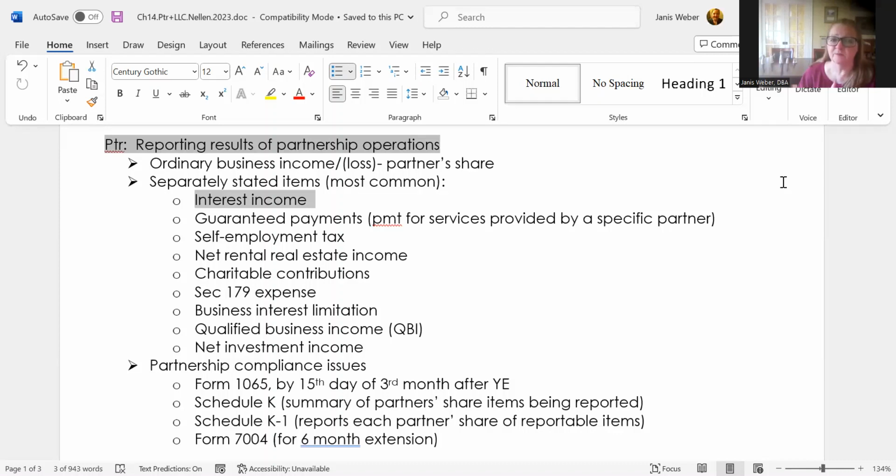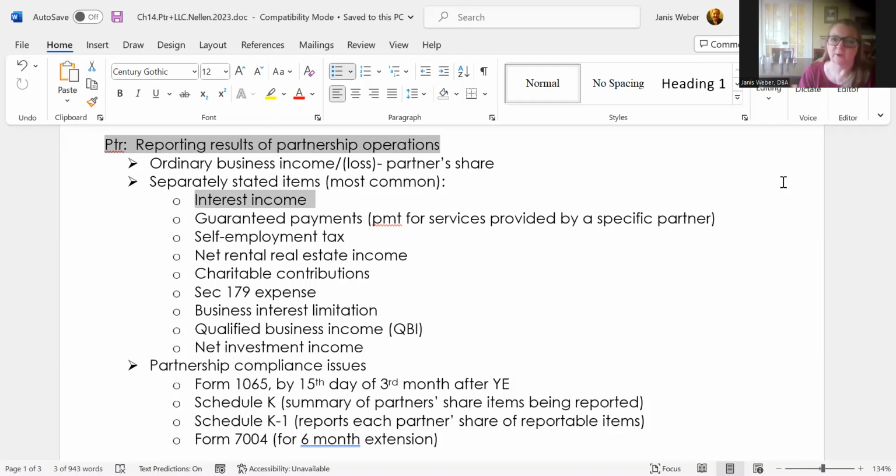But one partner is investing a lot more time, and so you allocate 40,000 of the 60 to say this is guaranteed salary for this person, and so they get a guaranteed salary, which means they actually get the cash as like a draw, but it's a guaranteed draw, and then the rest of the profits would be distributed as taxable to everybody, including that guaranteed partner. And so the guaranteed salary would show up as a separate line item just on the partner's K1 that was given the guaranteed salary.